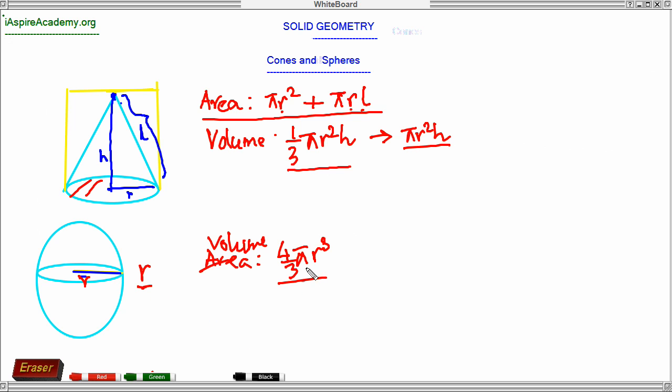As you see, the volume, as we said earlier, always involves 3 dimensions, so it has to be to the power of cube. Area involves 2 dimensions, so the surface area of the sphere is 4 pi r square. Again, we have one dimension to play with, so that's the area.